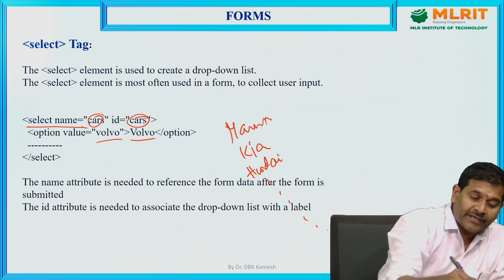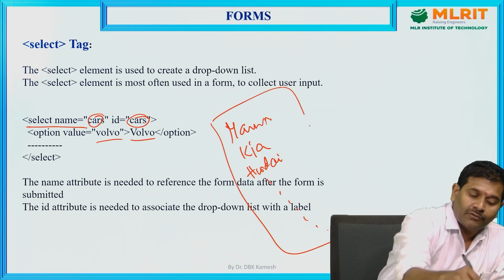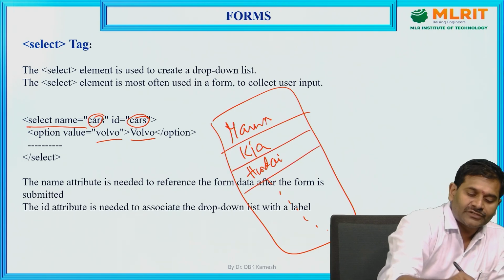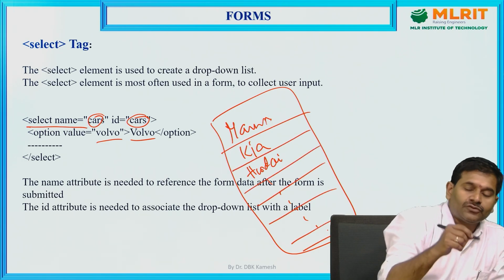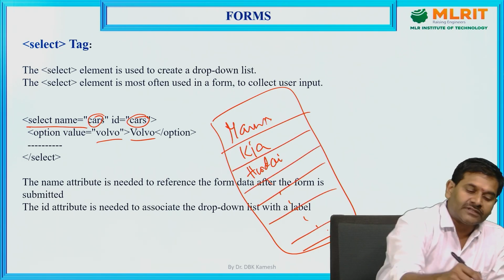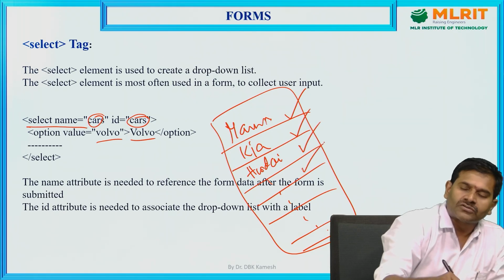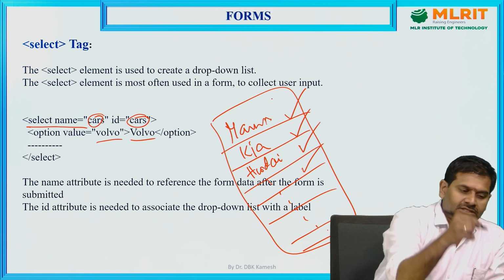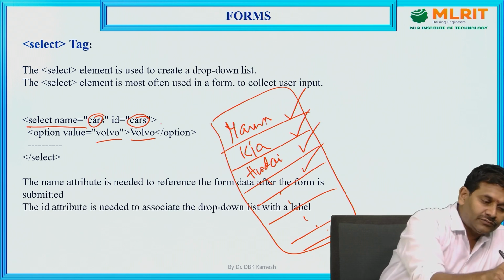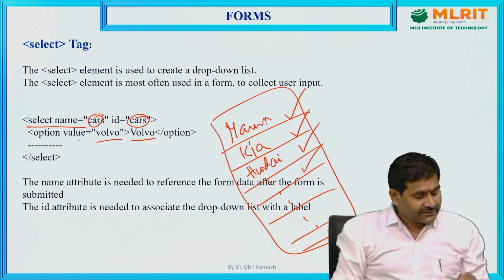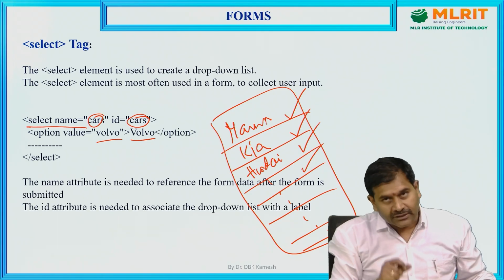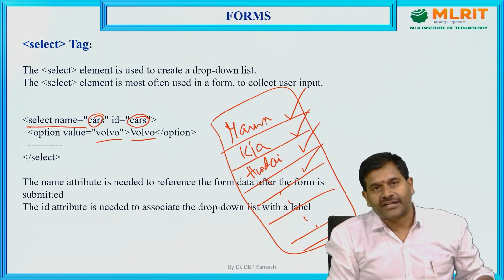It will be a drop down list box, and everything we show looks like this. You can select whatever you want, either Maruti, or Kia, or Hyundai, or Skoda, etc. So we can keep Volvo like this. This tag is called the selection tag.